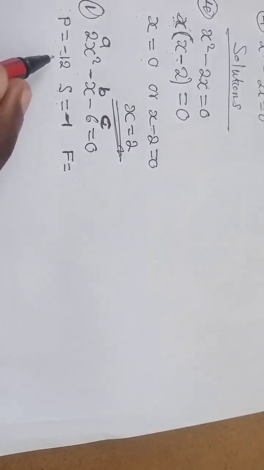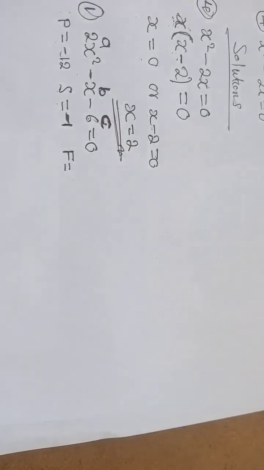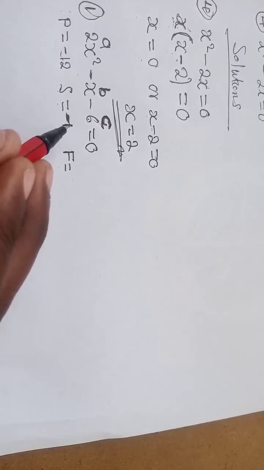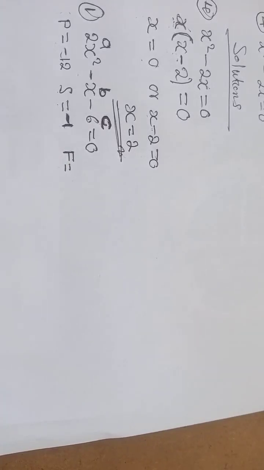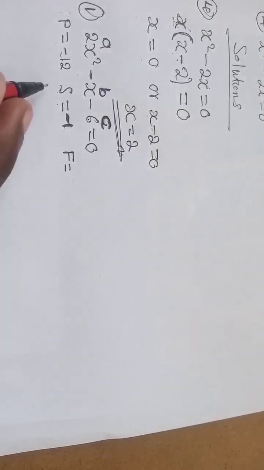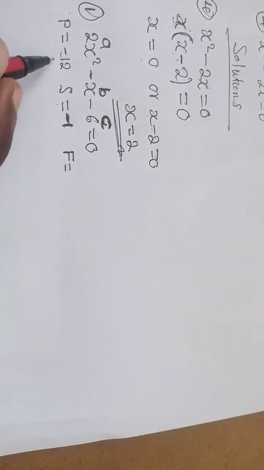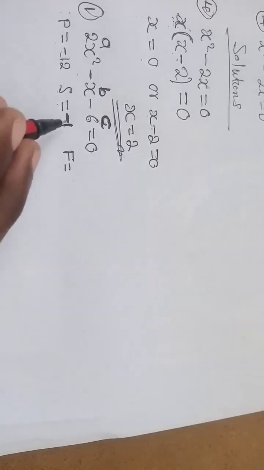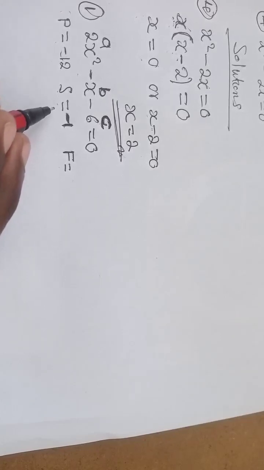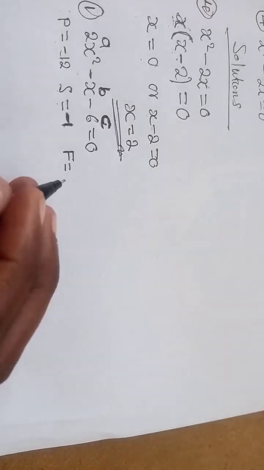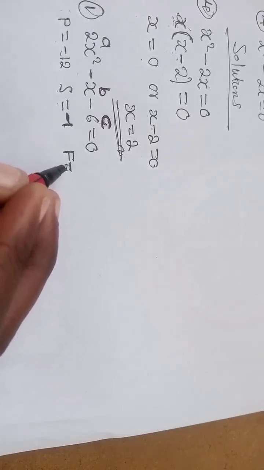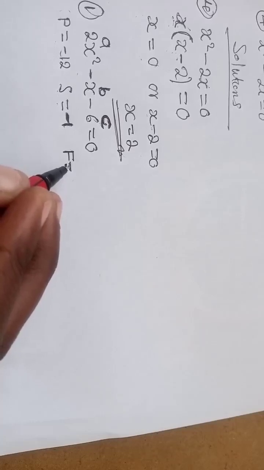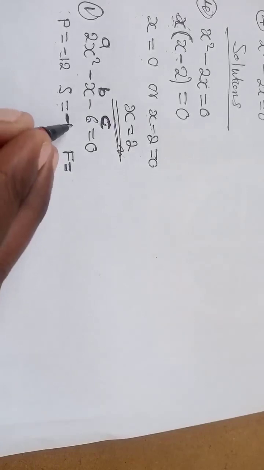When you multiply them, they should give you -12, and when you add those same numbers, they should give you the sum, which is -1.